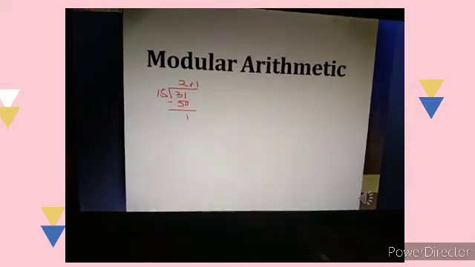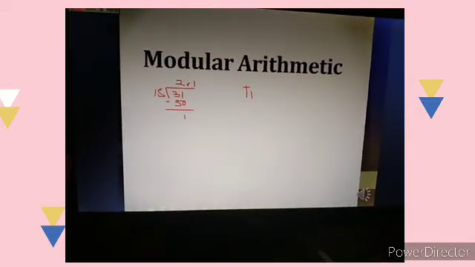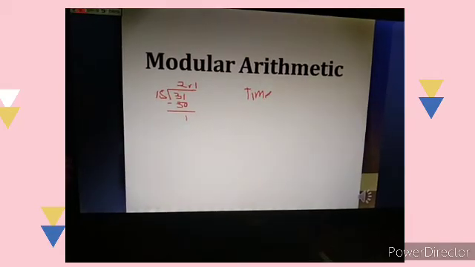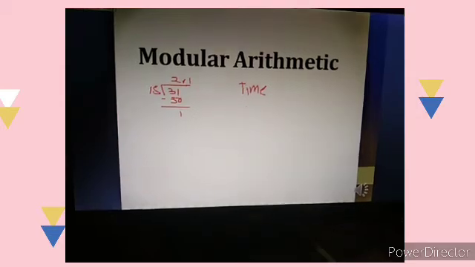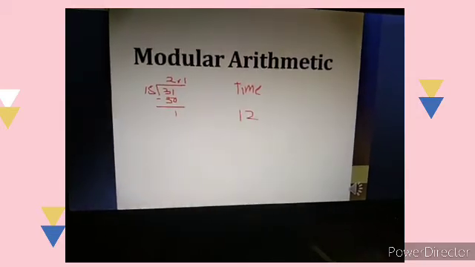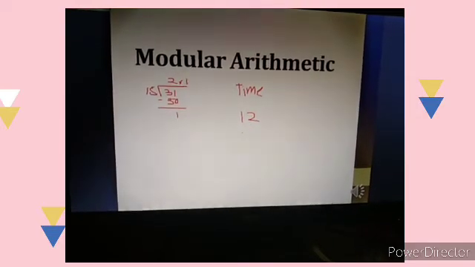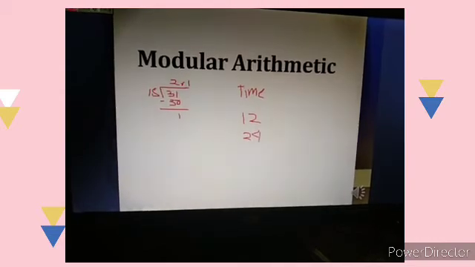This is the division, and time is involved. So with time, there are two types of format: the 12 cycle format and the 24 cycle format.